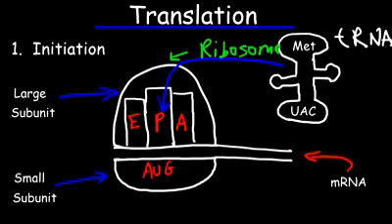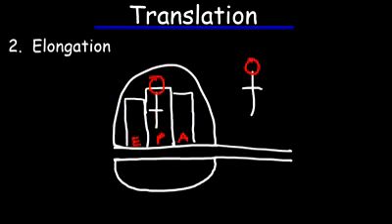peptide bonds are formed. Now during the second step of translation, that is during elongation, another tRNA molecule enters the A site. So I'm just going to draw it here. And during that process, a covalent bond will form between the 2 amino acids that we see here, highlighted by the red circles.